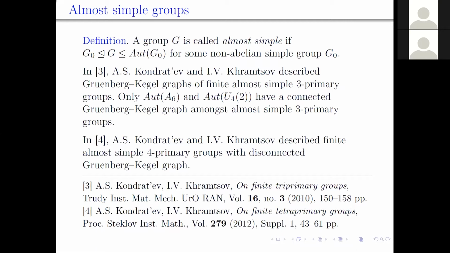Also in these works were described the normal structures of some three-primary and four-primary finite groups. This result turned out to be very useful for further investigation of our general problem.